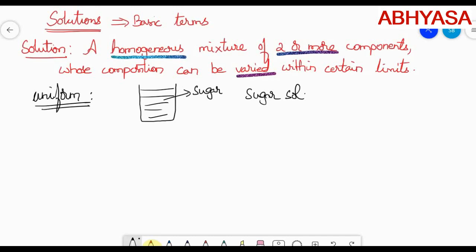It's not that the entire sugar is concentrated in some area and the remaining part is water. If you divide the solution into three different parts, if you study the properties of these three parts, you will be getting same properties. Why? Because the sugar is distributed uniformly throughout the entire solution.